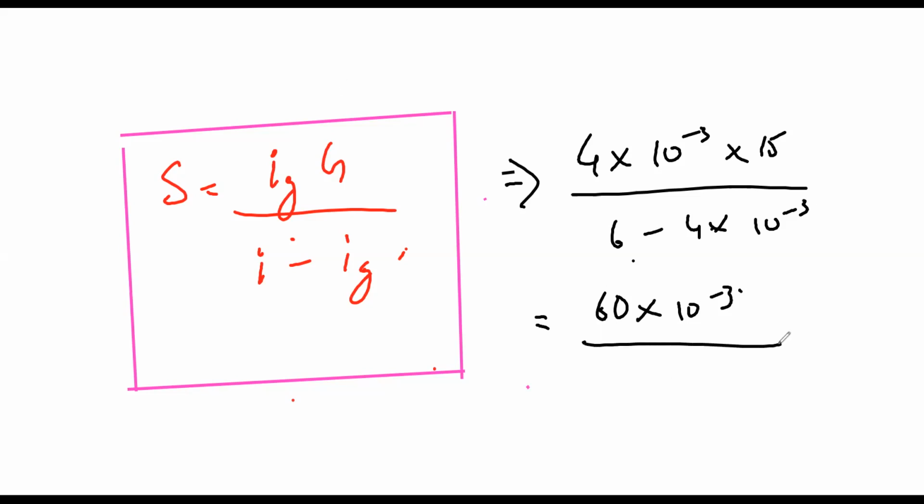This is almost equal to 6 only, because 4 into 10 power minus 3 is a very small value, and we write 6 because this is an entrance examination. So this is equal to 10 power minus 2.